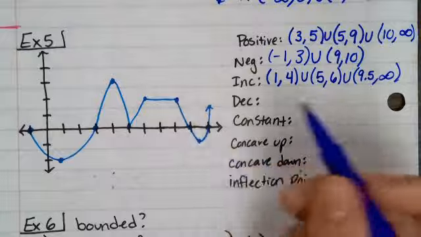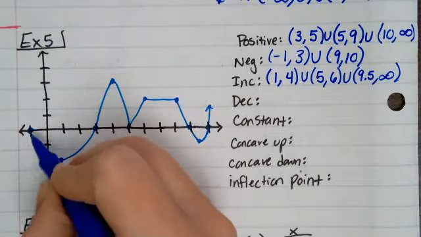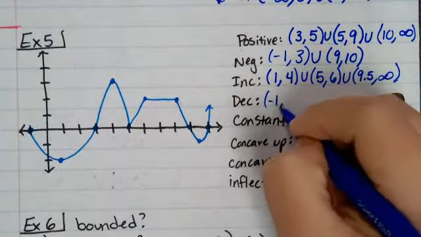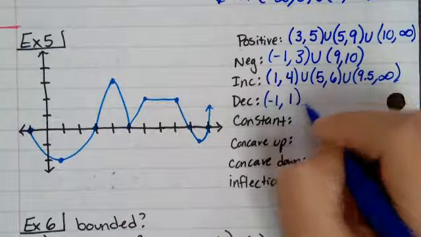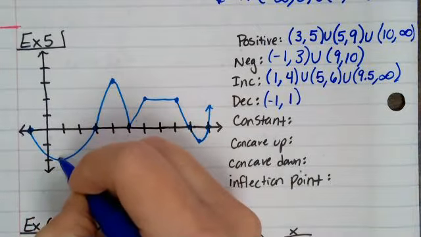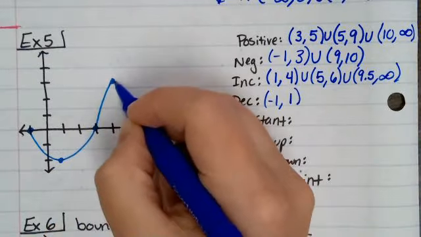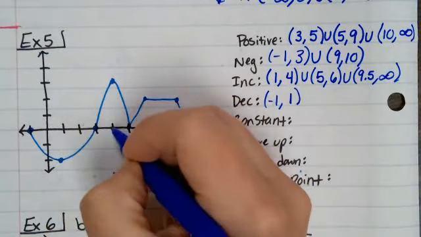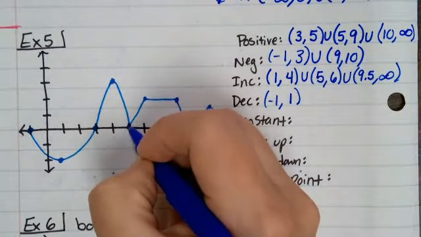Look at your decreasing. Again, that's where I'm looking at this and saying, when is my hand going down? Well, when I start here at -1, it already starts off by decreasing until I get to where your x is 1. And once I get where x is 1, it increases until we got to that point, 1, 2, 3, 4. Here at where x is 4, it begins to decrease again, okay?